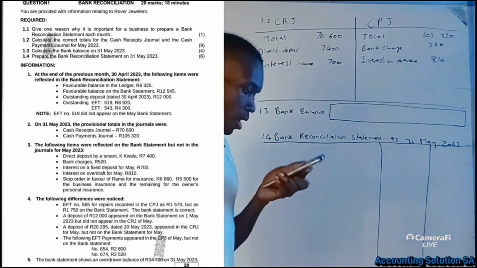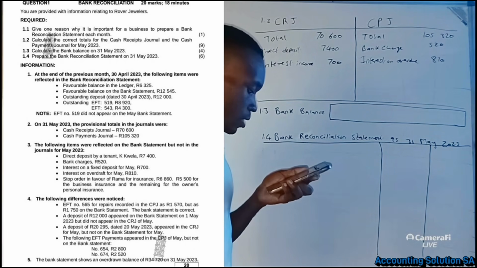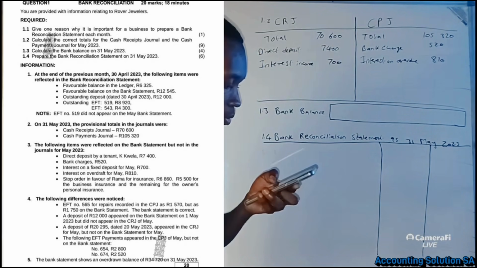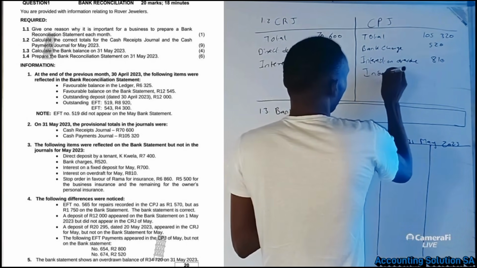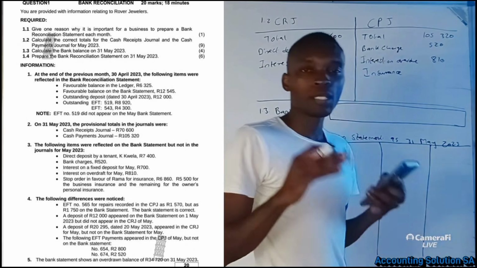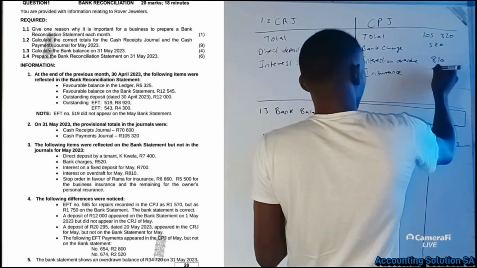Okay, then the other one, the stop order in favor of Rama Insurance is 6,860, and 5,500 is for business insurance, and the remaining is for owner's personal use. So for this one, obviously, number one, we are going to adjust insurance. We don't adjust the whole balance, guys, because the other one is drawings. Insurance is 5,500.